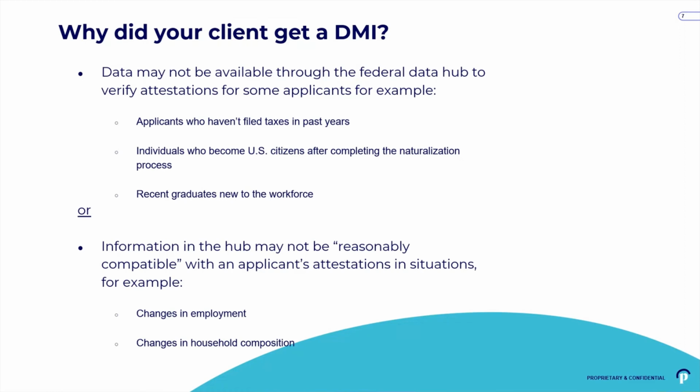Recent graduates new to the workforce might not have this information, or information in the hub may not be reasonably compatible with an applicant's attestations in situations like changing their employment or changes in household composition. That often leads to a trigger.